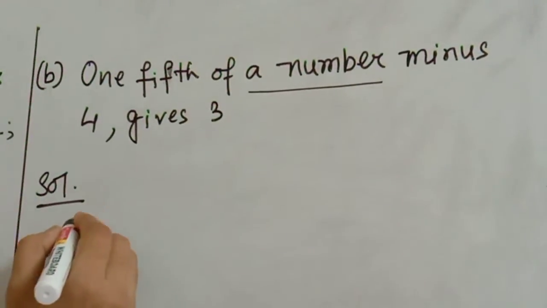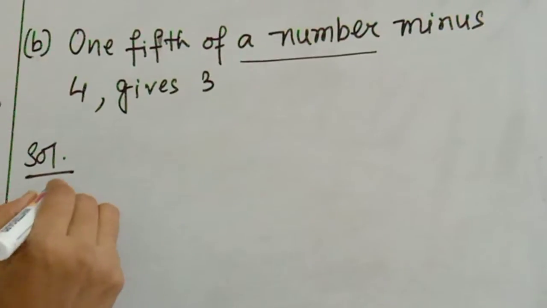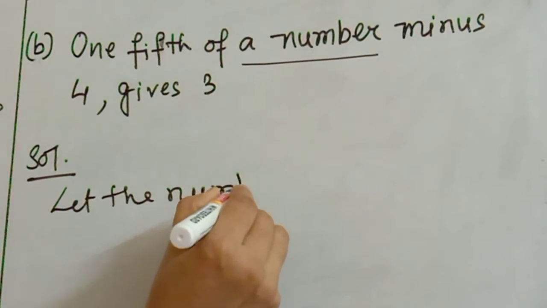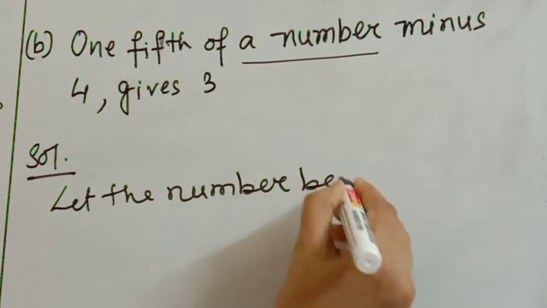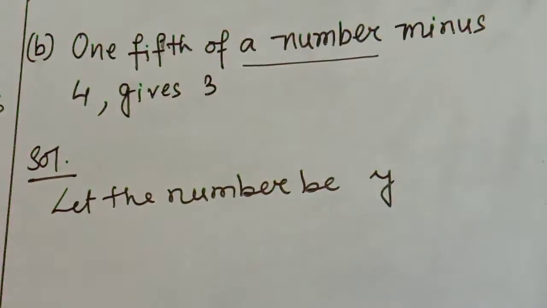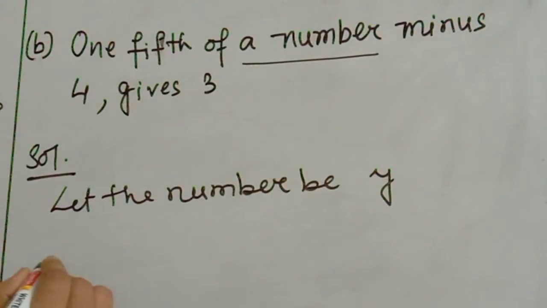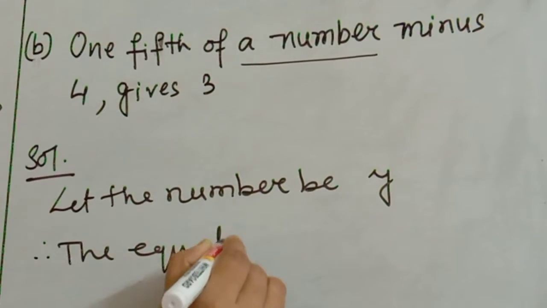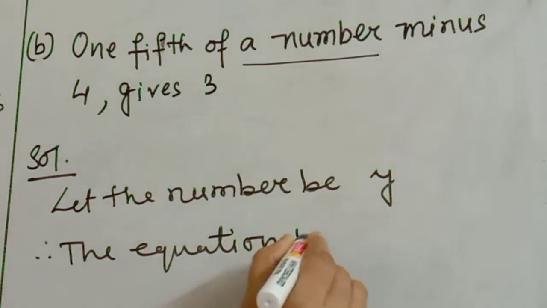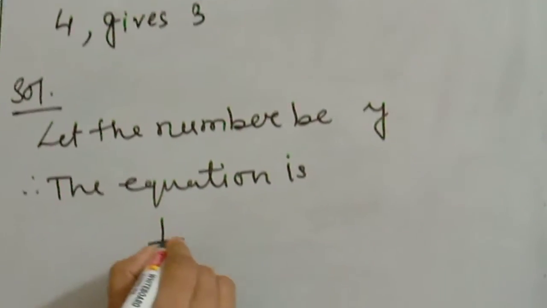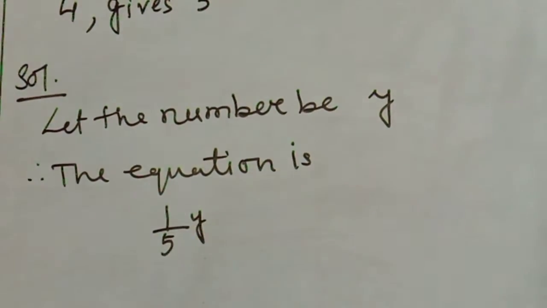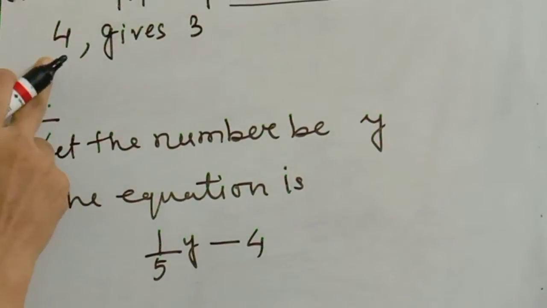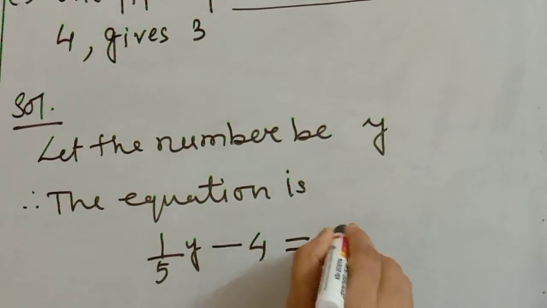So what you will do: let the number, take any variable, be y. 1/5 of the number, therefore the equation is 1/5 y minus 4, very clearly it is said minus 4, gives 3.